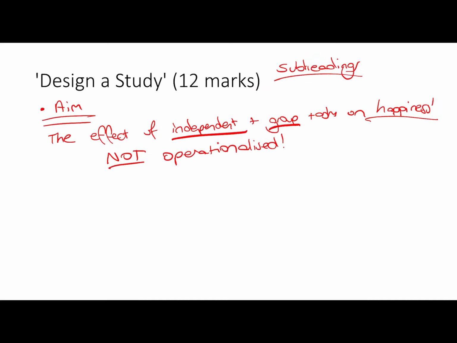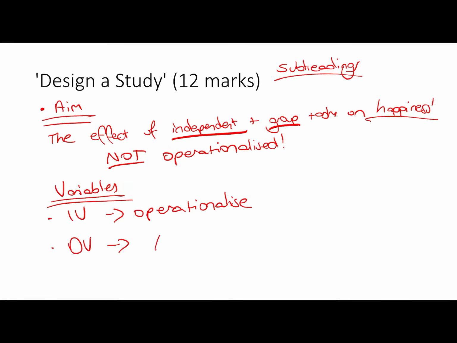The next is our variables. I'll be making another subheading here for our second dot point. Our variables, our IV, our DV, and of course we want to operationalize both. So for our IV, we need to include our levels, e.g. our control condition and our experimental conditions, and we need to justify this choice as well. So why is there a control condition?